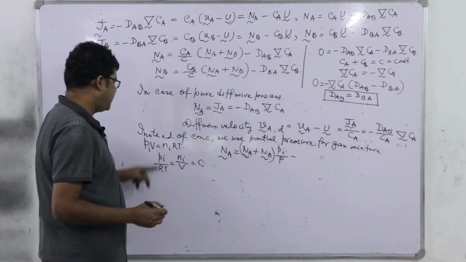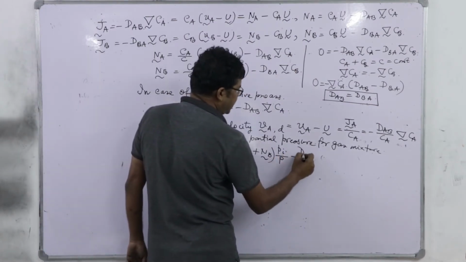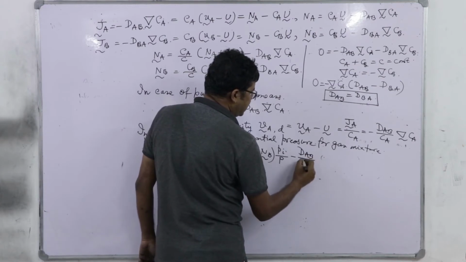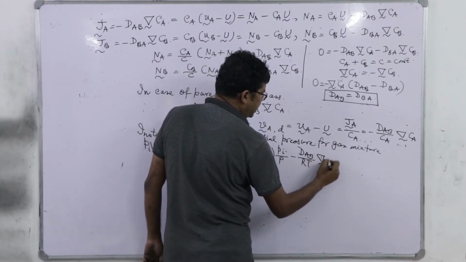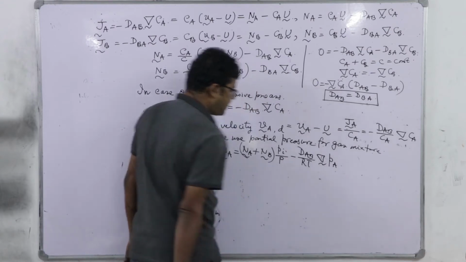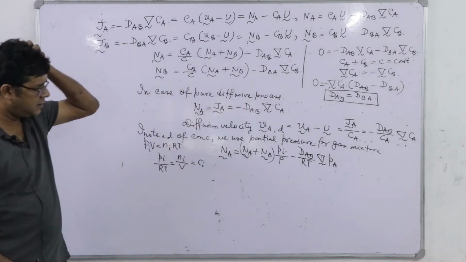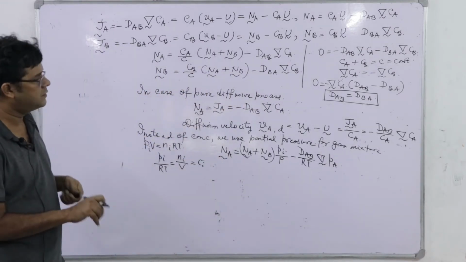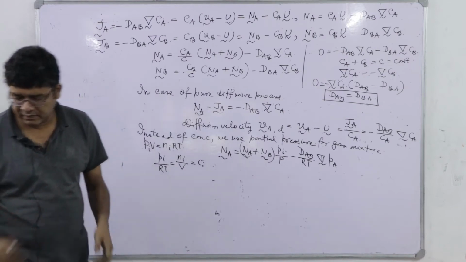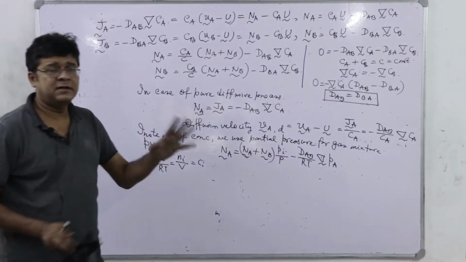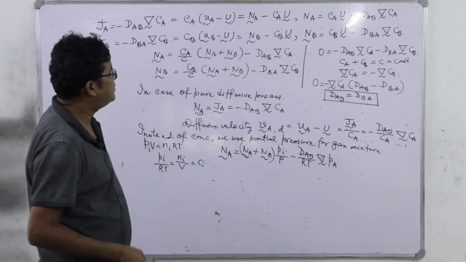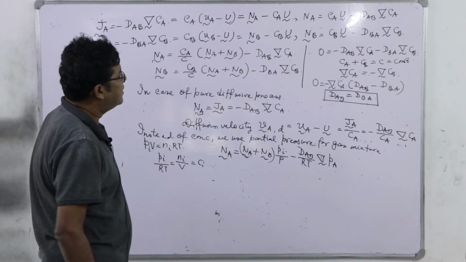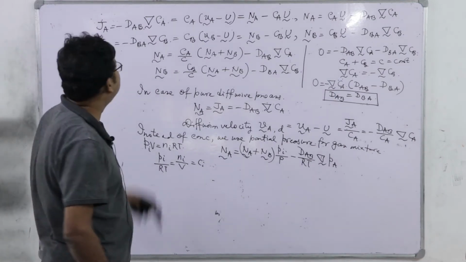Now, CA if you replace as PA by RT, so we will get dAB divided by RT grad of PA, right. So, that is the equation which we can use in case of gases. So, that is the general analysis of this diffusive process, very similar to conduction in heat transport.